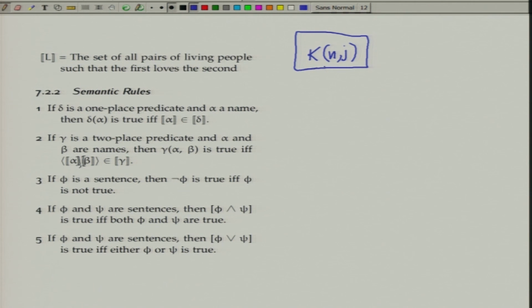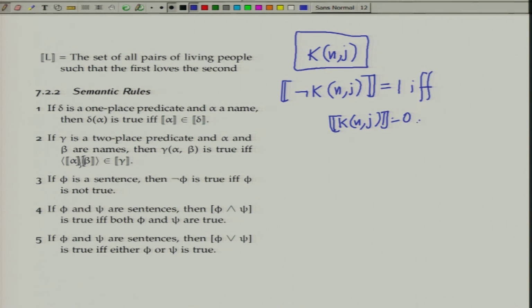Then we need to see what happens as far as its truth value is concerned. By using this sentence, we construct it following rule 3 of syntax, and then what will be the truth value of this sentence? It will be 1, according to rule 3 of semantics, if and only if the sentence inside is false.